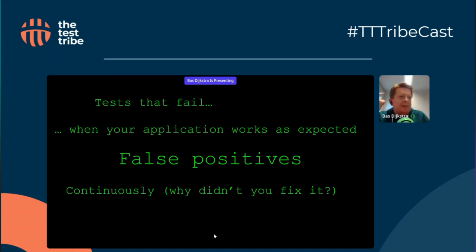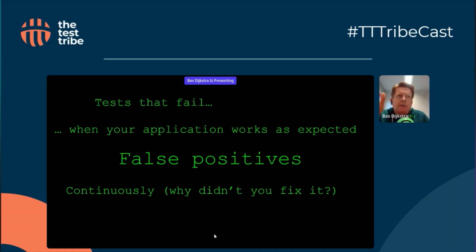Sometimes that's continuously, so a test that fails all the time, to which my first question in response would be, why didn't you fix it? And by fix it, I mean either fix it or just throw that test away, because a test that's continuously failing, it's only noise.